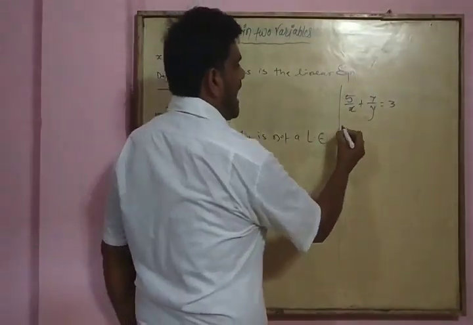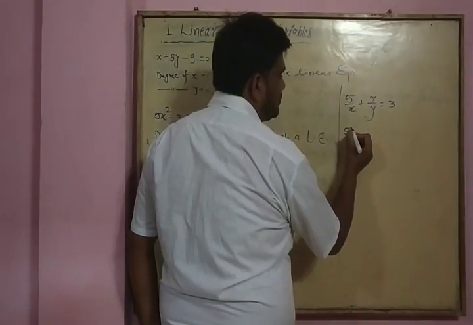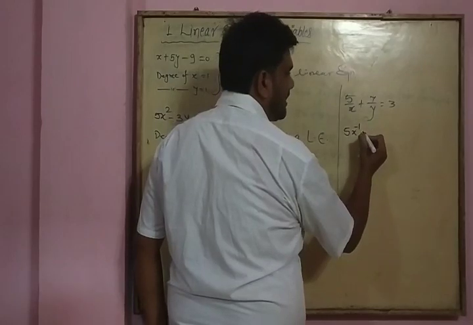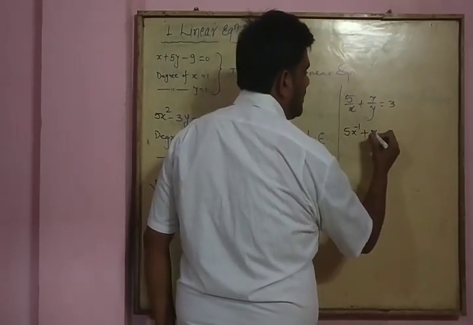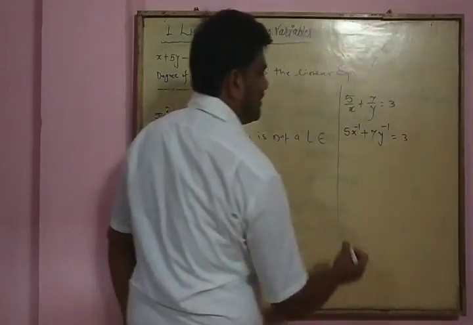So you may consider it as 5x^-1 + 7y^-1 equal to 3.